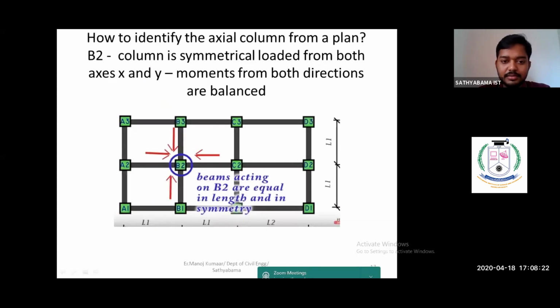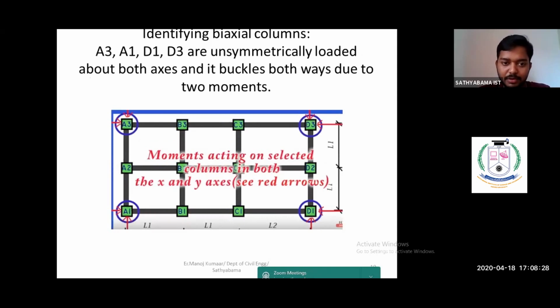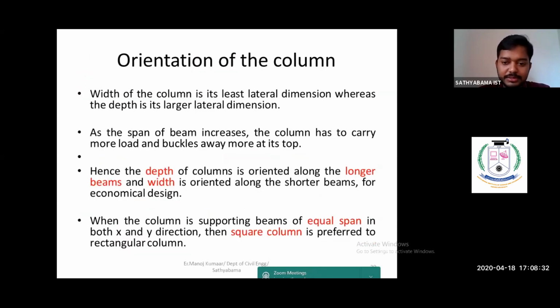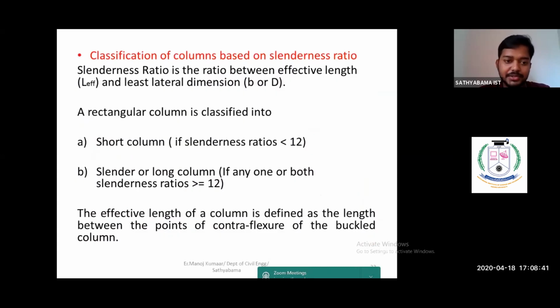And we have classified the columns based on their location and orientation, how the width and depth should be aligned along with the walls of the given building plan. And based on slenderness ratio, the column is classified into short column or long column.